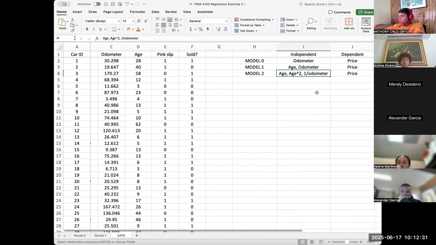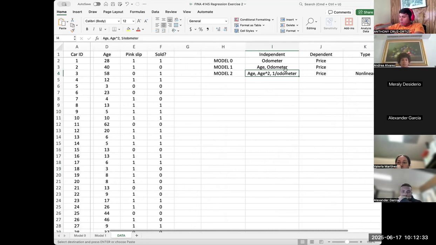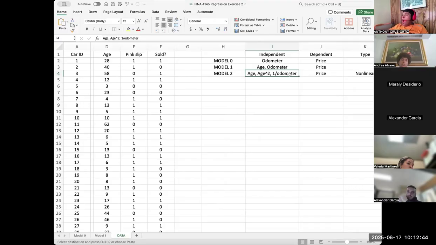And we're also going to deal with that curve. Remember that curve in odometer? It's like a curvy thing. So these are transformations that we're doing to better fit the data.